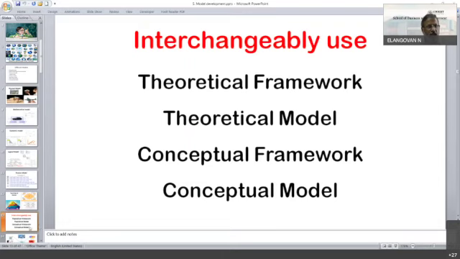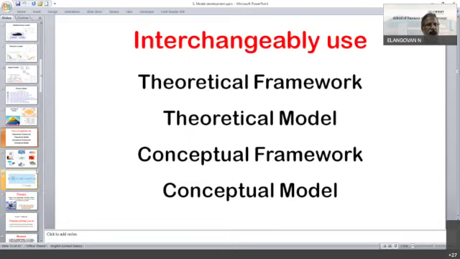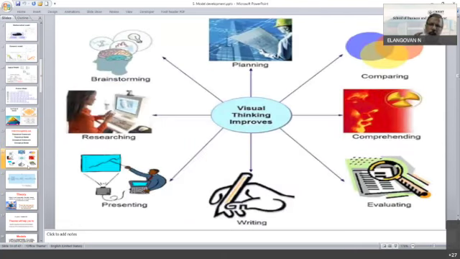So before looking at the difference between a theoretical model and a conceptual model, how do both these models help the research? See, research as a process, we have understood. A theoretical model, you can say, is a kind of core object.